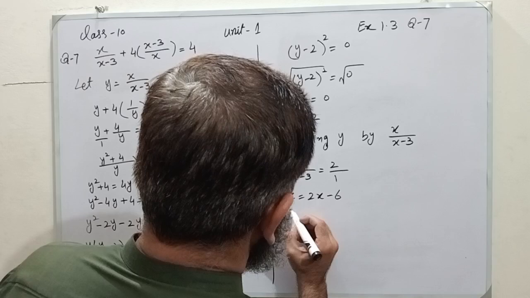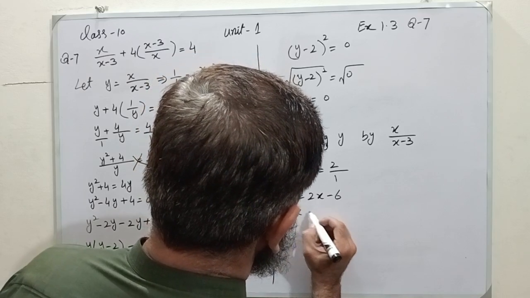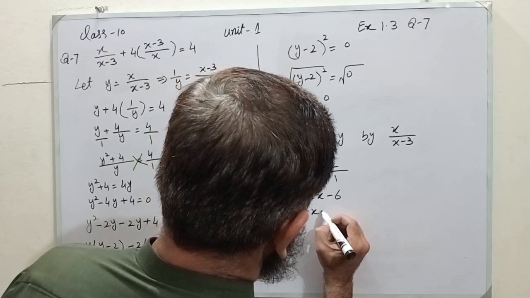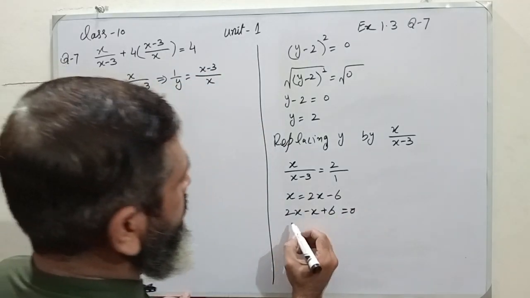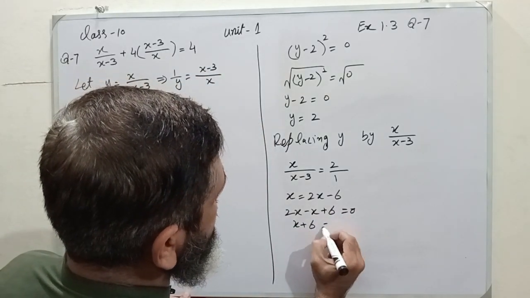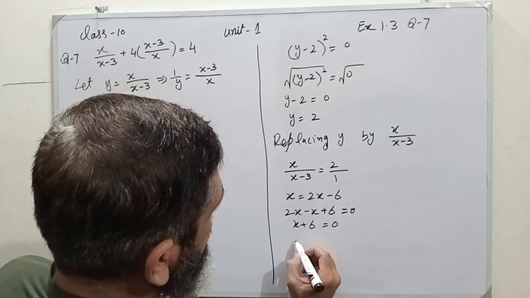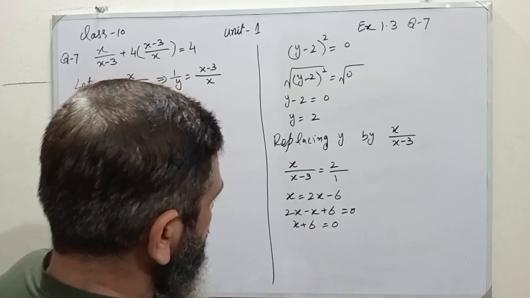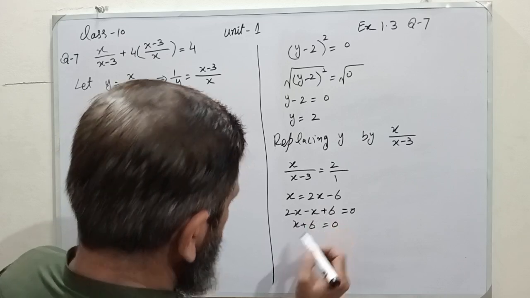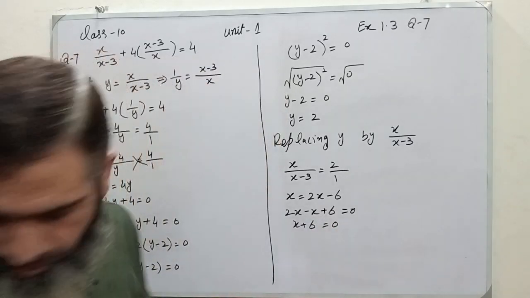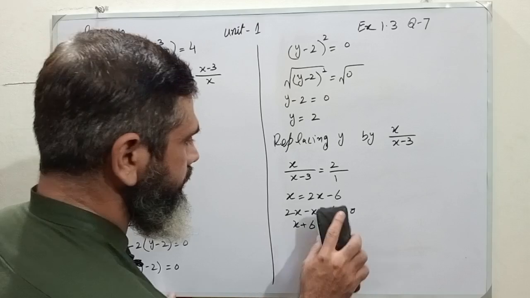So 2x minus x minus 6 is equal to 0, sorry, here not plus, it's minus.